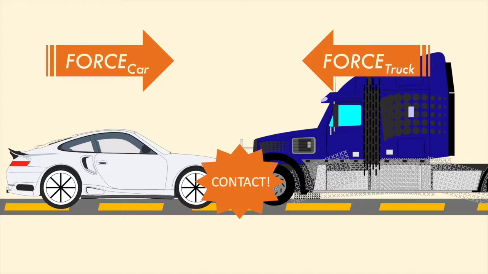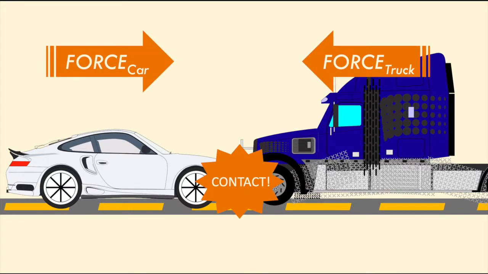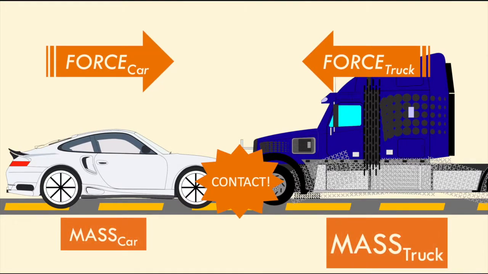Now, while you may notice that both the truck and the car have different masses, and specifically the truck has a much larger mass than the car, it doesn't mean that one force is greater than the other.